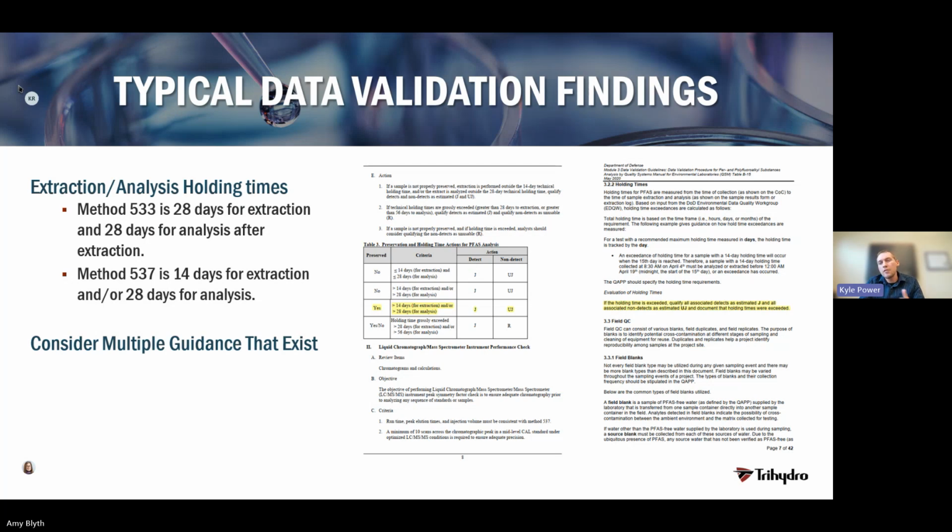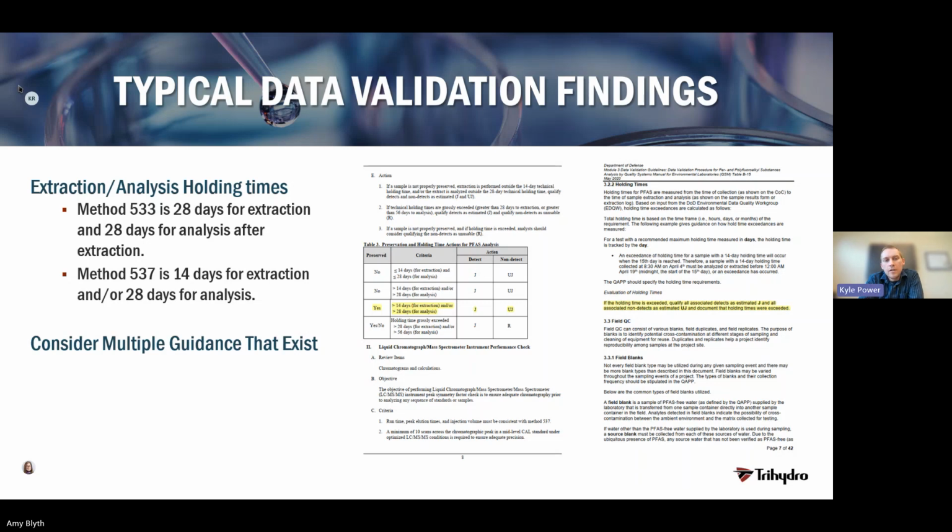This is something I always like to highlight when it comes to validation, because holding times are always an issue, especially when there's a lot of samples being filtered through the lab. They have other clients besides you, and some labs are analyzing a bunch of samples every single day and are consistently moving around how they're analyzing and prepping those, so that could be an issue you have to consider.